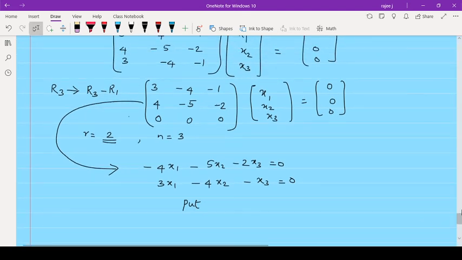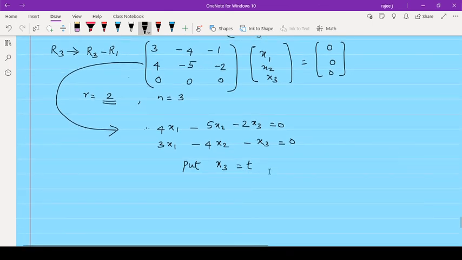Plus 4, 3 minus 4 minus 1. Equation 1. Right. Equation 1 is 4x1 minus 5x2. Right, good, thank you. Minus 2x. Now put x3 equal to t.